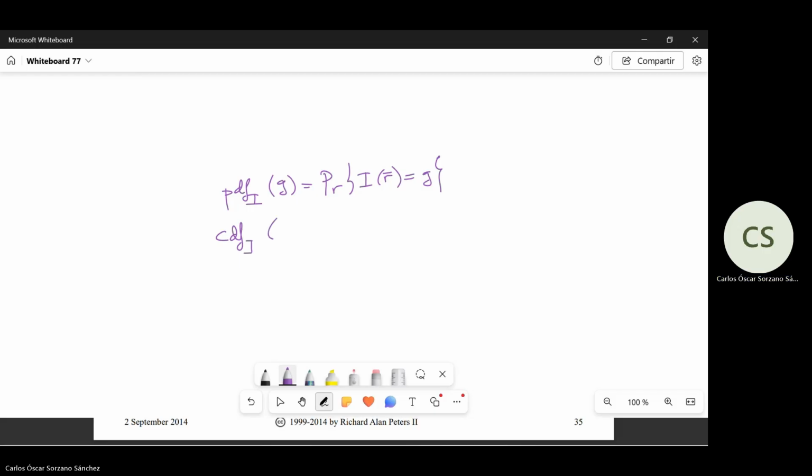CDF is the probability that I of R is smaller or equal to G. Okay, so if I take a pixel at random, what is the probability that it takes value G? That is the PDF. And the other one is, if I take a pixel at random, what is the probability that it has a value smaller or equal to G?